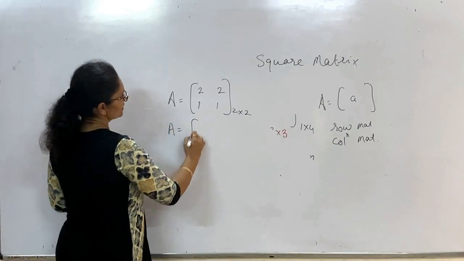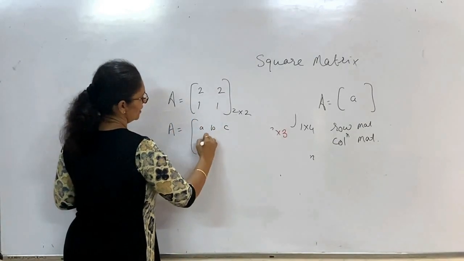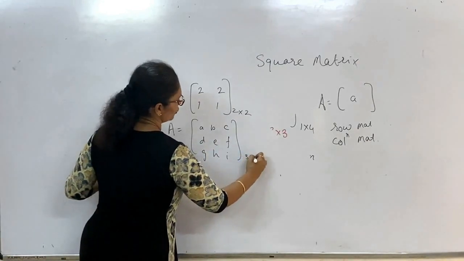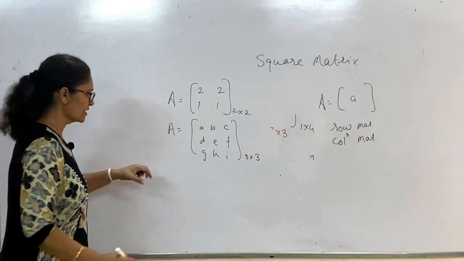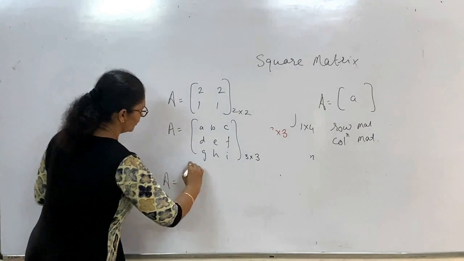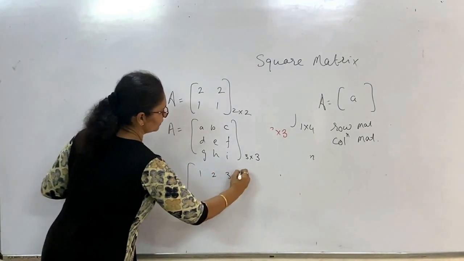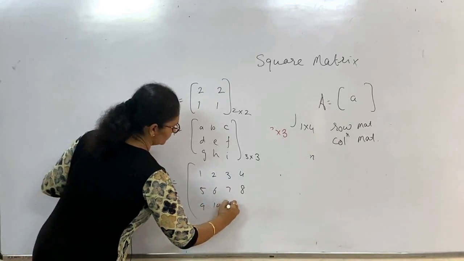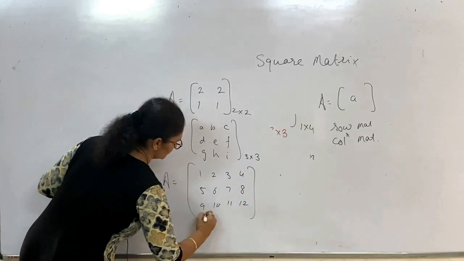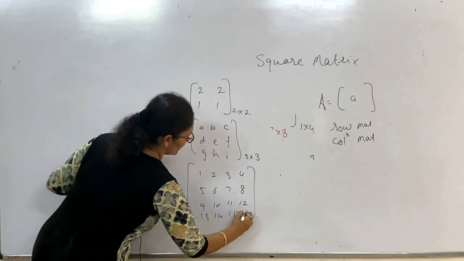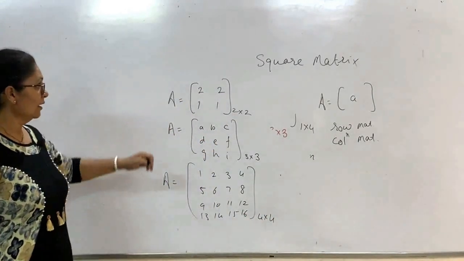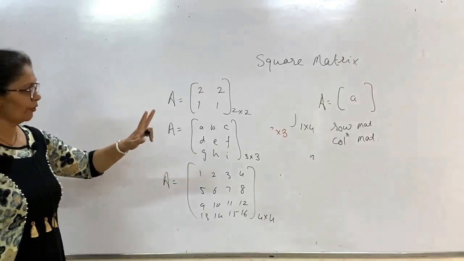Now we take one example, A, B, C, D, E, F and G, H, I. This is your 3 by 3 square matrix. Similarly, you can write 4 by 4 also. So this is your 4 by 4 square matrix. All these are types of square matrix.